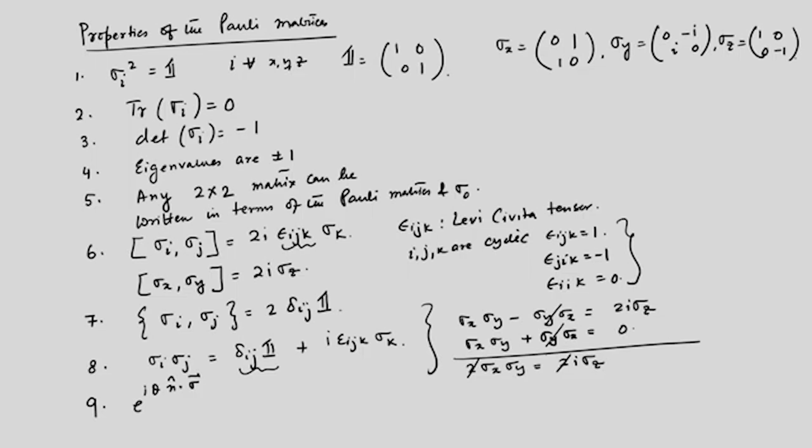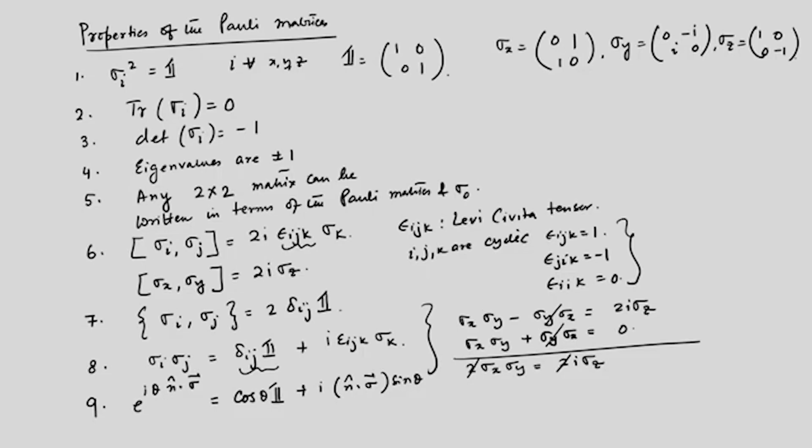You can take it as a special case to be either along x, y or z, but it does not matter, it can be in any arbitrary direction, and this is written as cosine theta times 1 plus i n dot sigma sine theta. So this is the formula for taking the Pauli matrices to the exponent. As I said, n cap is an arbitrary unit vector, theta is some angle, and sigma is a Pauli matrix.